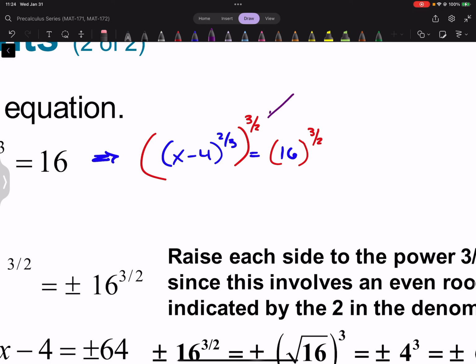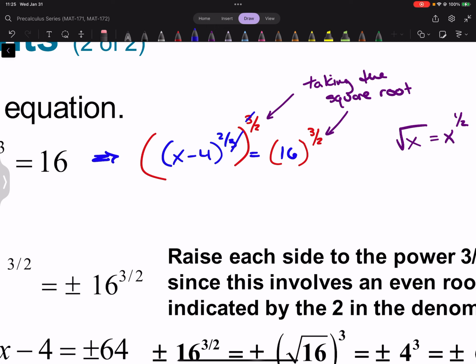That's because what you're doing is taking the square root. Remember, the square root of x is equal to x raised to the power of 1/2. Anytime there's an even number in the denominator of your power property, you must add plus or minus.